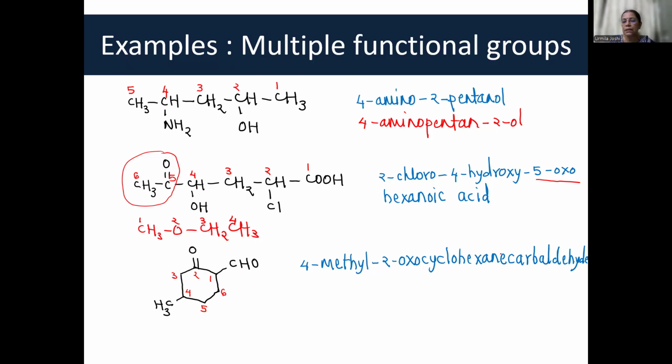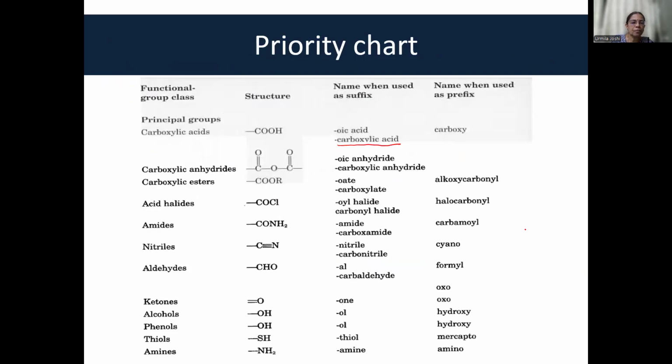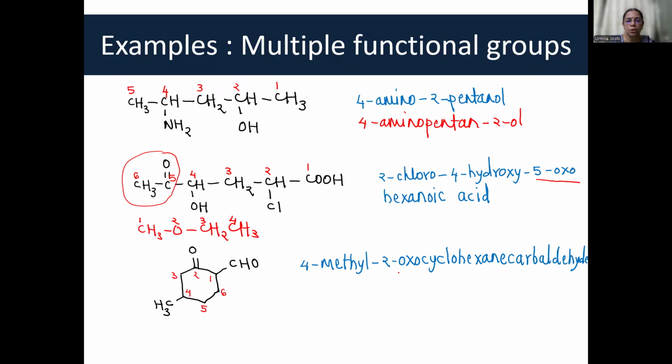We have used the suffix carbaldehyde. Look at this chart and look at the suffix. Al can be used when this carbon is numbered along with others, but this carbon is not numbered in our example, and so the suffix that is used is carbaldehyde. So it is 4-methyl-2-oxocyclohexane carbaldehyde. Okay.